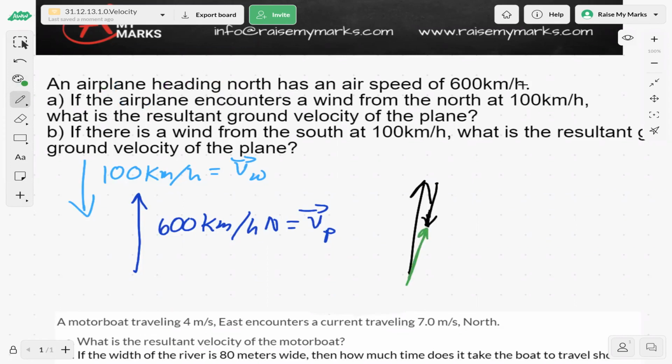The magnitude of the green is 600 minus the 100. We can write that as VP minus VW, because VW, the velocity of the wind, is in the opposite direction of the velocity of the plane. So we have a resultant vector of 500 kilometers per hour north.